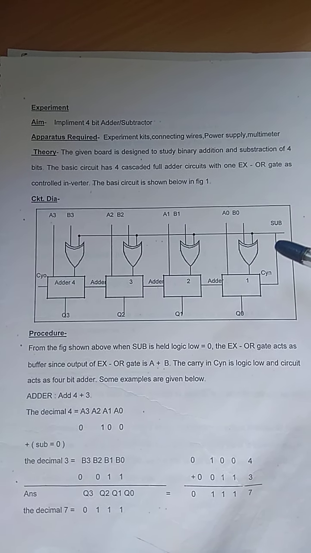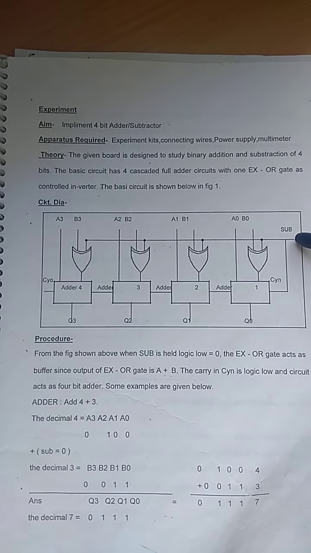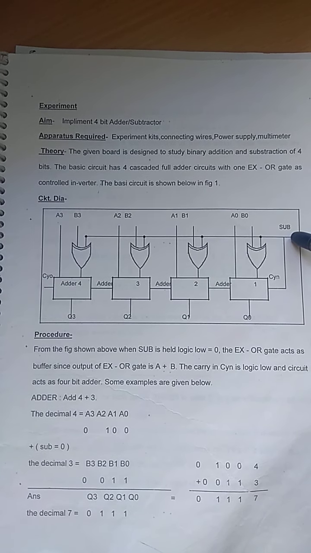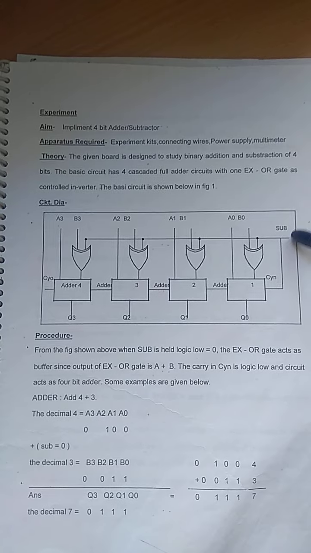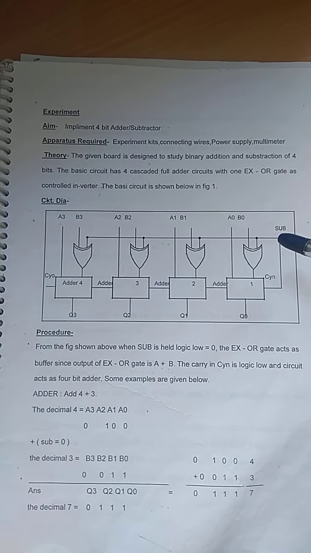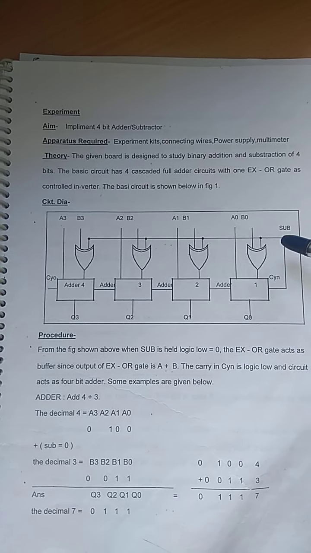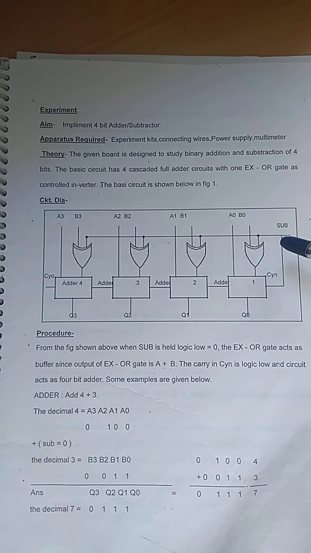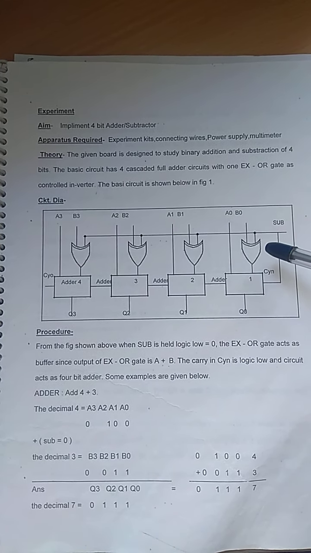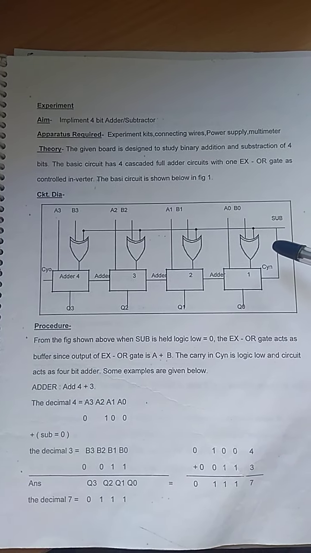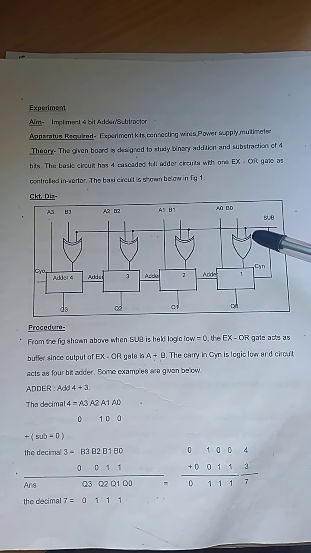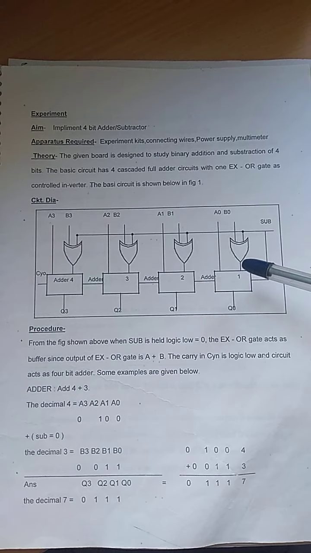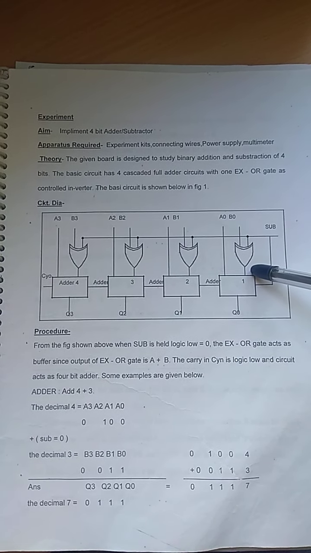Here there is a switch for addition and subtraction. If this is made low, then this XOR will act as a buffer and nothing will happen to B0. B0 will appear as it is at the output of the XOR gate.